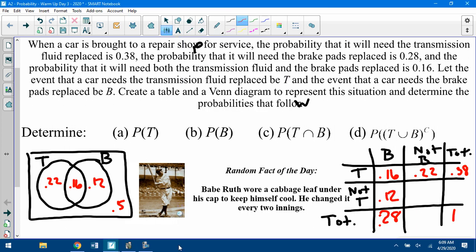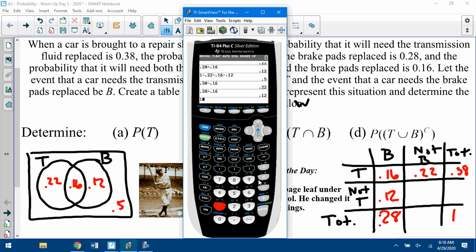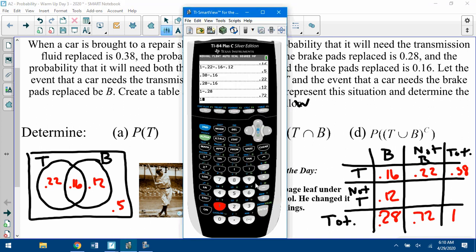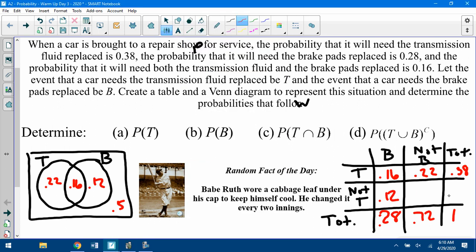Now if I do 1 minus 0.28, we get 0.72 for here. If I do 1 minus 0.38, I get 0.62 for here. And finally, 0.62 minus 0.12 or 0.72 minus 0.22. Either way, I get 0.50.